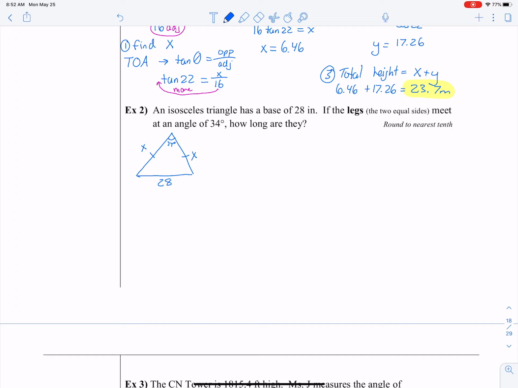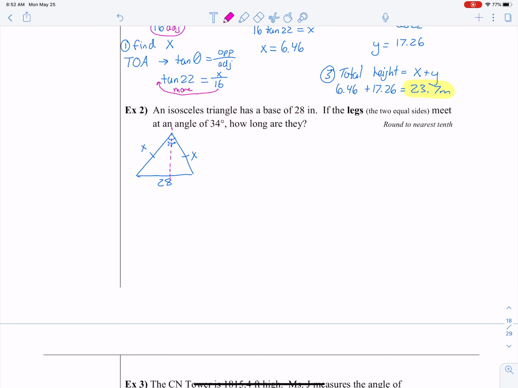So whenever you have an isosceles triangle, you do not have a right angle. So to solve any isosceles triangle question, you always have to, I'm going to use a different color, you always have to cut your triangle in half to be able to solve it. And then draw a new cut in half triangle.